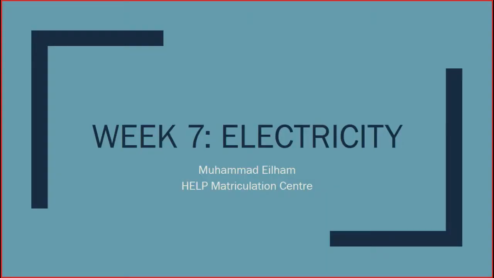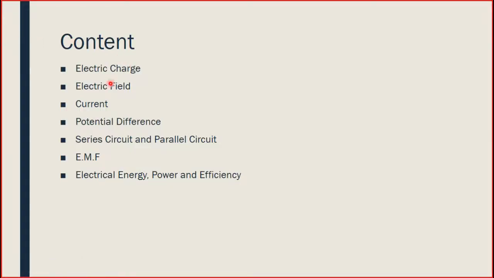This week, we are going to cover what is meant by electric charge, and then electric field, and from here we are going to develop the idea of what is a current, and what is potential difference, also known as voltage. Then we are going to look at resistance.